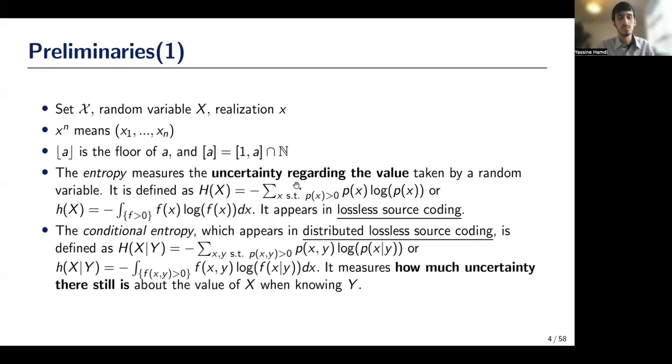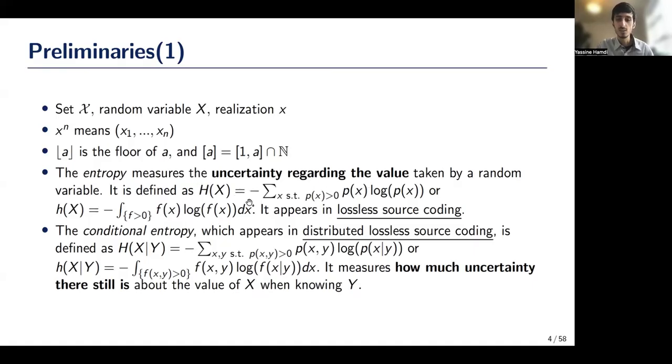In Shannon information theory, there are quantities which will appear in the theorems. One of them is entropy. For a discrete random variable X, the entropy is defined like this: an expectation of the log of the probability mass function. For continuous variables, you have a similar expression with a density f.